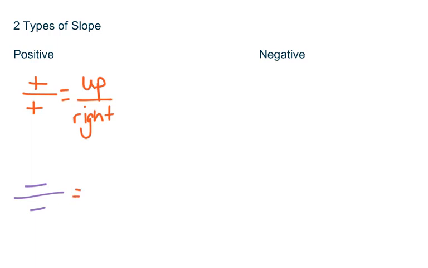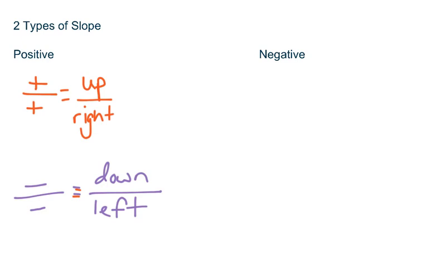Now if we're thinking negative over negative, a negative change on the y-axis is down. Smaller numbers are down. And a negative change on the x-axis, smaller numbers are to the left. So for positive slope, it can go in either of these directions, up and to the right or down and to the left.